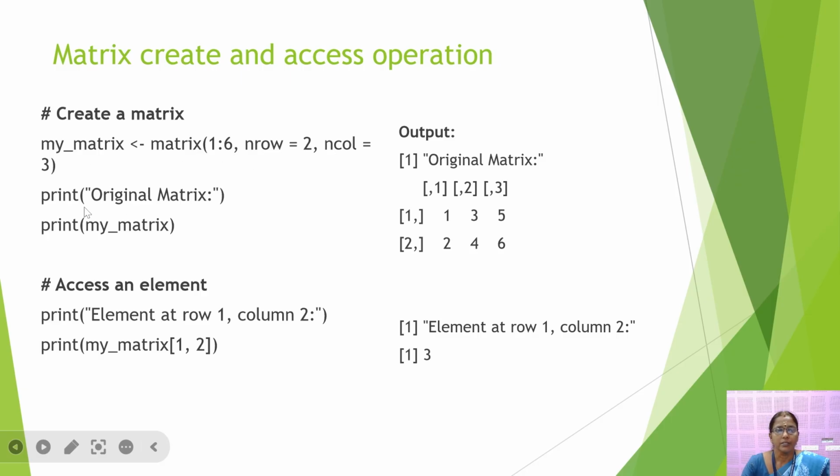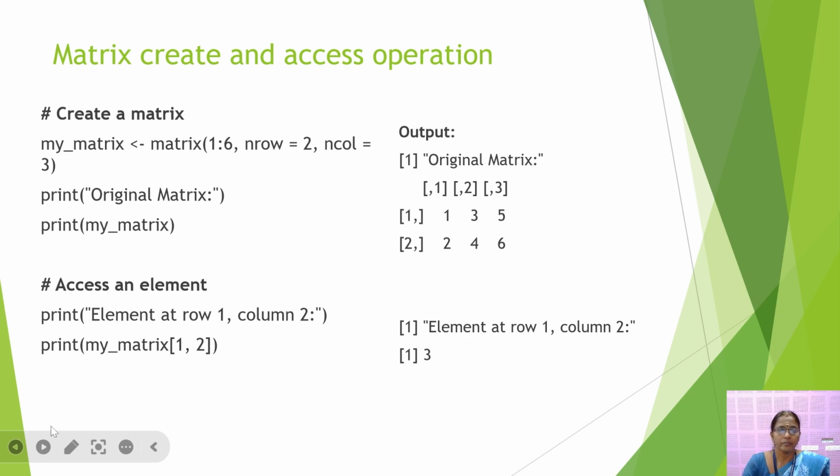Suppose you want to print the matrix, you have to give the print command. The original matrix has 2 rows with all the elements, that is 1, 2, 3, 4, 5, 6, because the number of columns is 3. First column, second column, third column. Rows are 2. This is the first row and this is the second row.